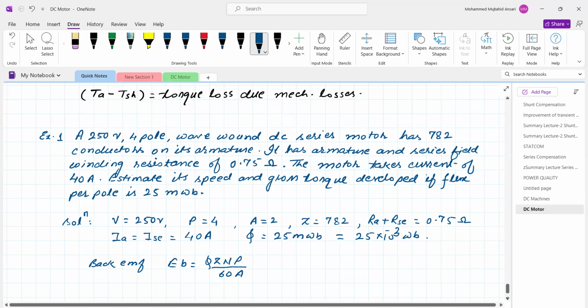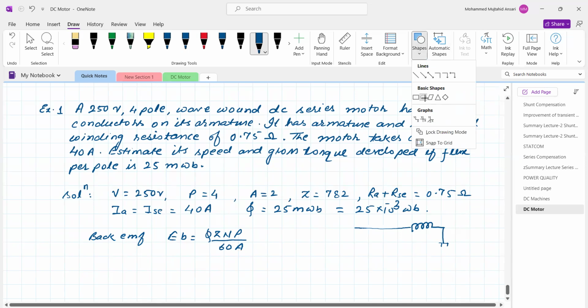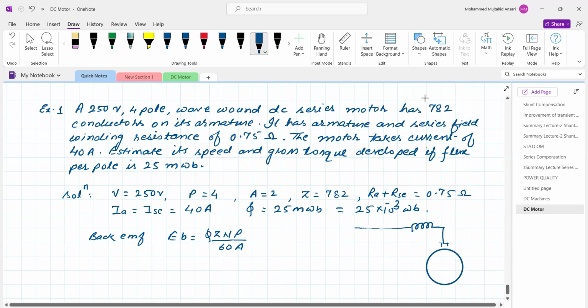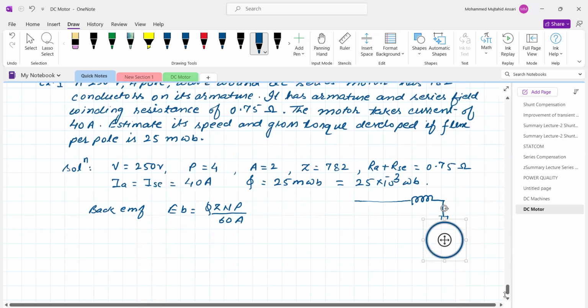We can calculate the back EMF as it is a series motor.